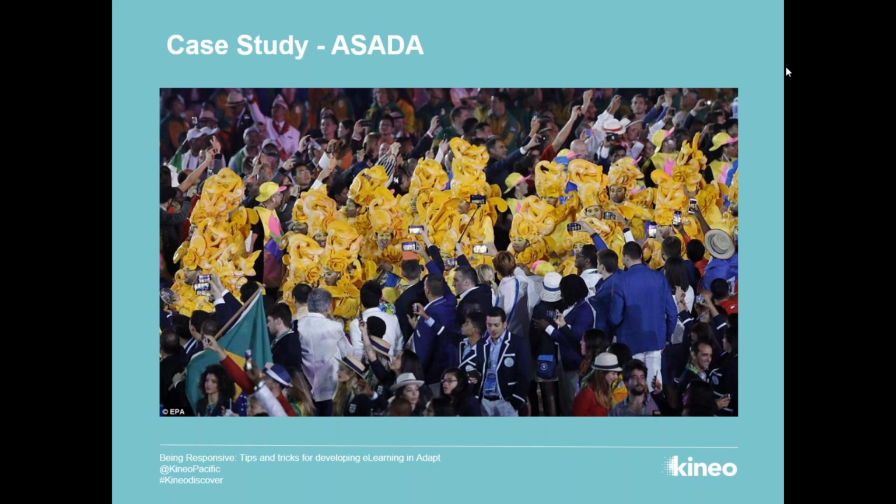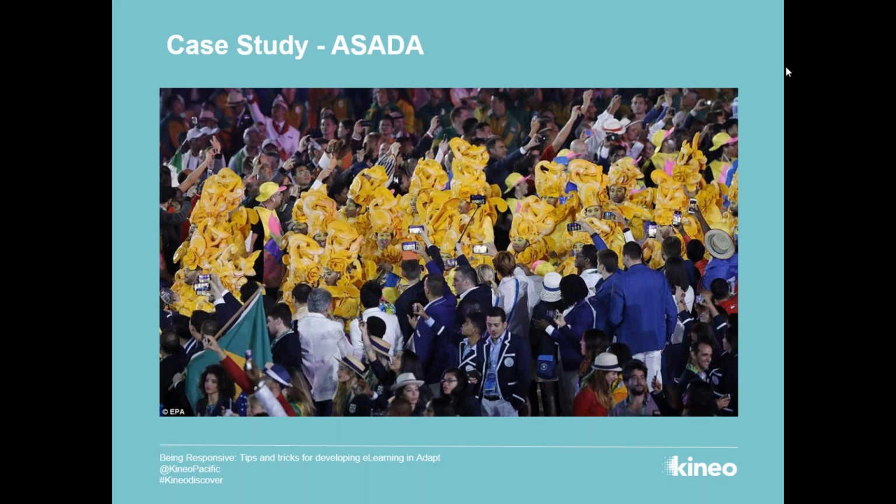So fast forward to 2014. The World Anti-Doping Agency was about to launch the 2015 Anti-Doping Code, so we had an opportunity to change our programs, change our learning management system, the e-learning and that kind of space.